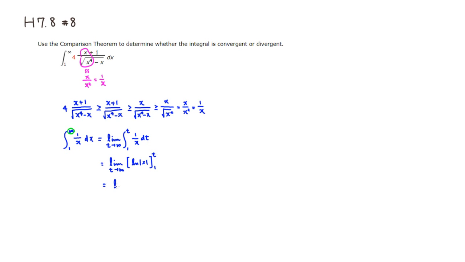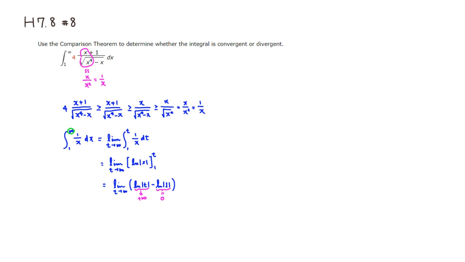Then we still have the limit here. Plug in the limits, so you have the natural log of the absolute value of t minus the natural log of the absolute value of 1. But the natural log of 1 is 0, so this basically goes away. As t approaches infinity, the natural log of t approaches infinity.